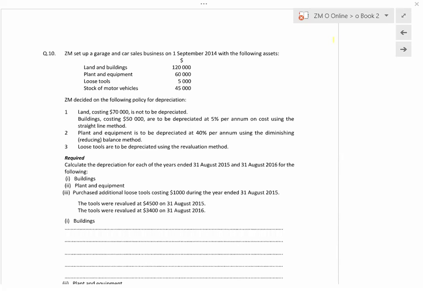This is a very interesting question, question number 10, where we have to apply all three methods: straight line method for building, reducing balance method for plant and equipment, and revaluation method for loose tools.